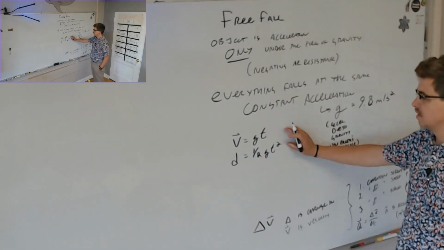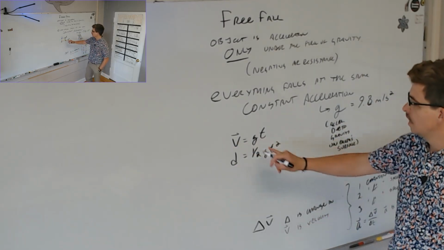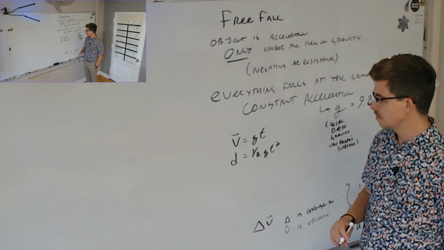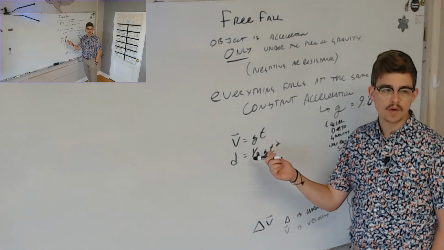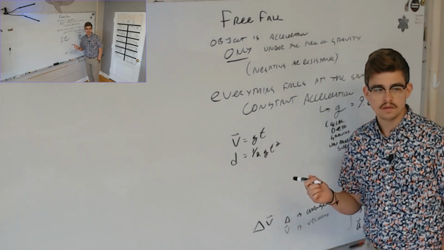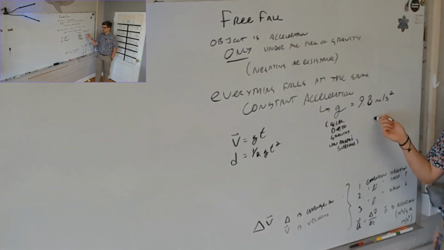All these numbers have been expressed in other parts of your notes. And from there, it's just plug and chug. What's g always? For all of your problems, unless you're specifically told otherwise, g is the acceleration due to gravity, and it's 9.8 meters per second squared.